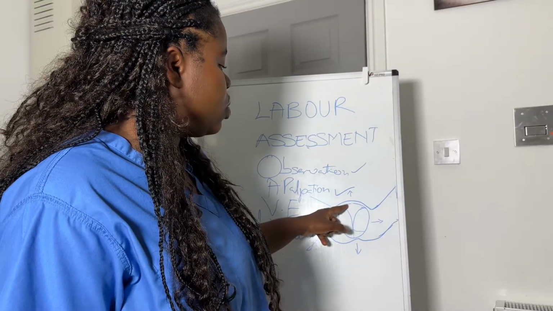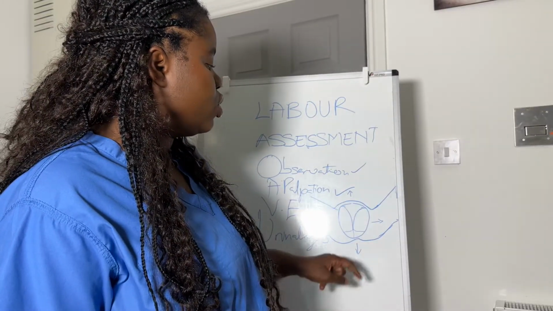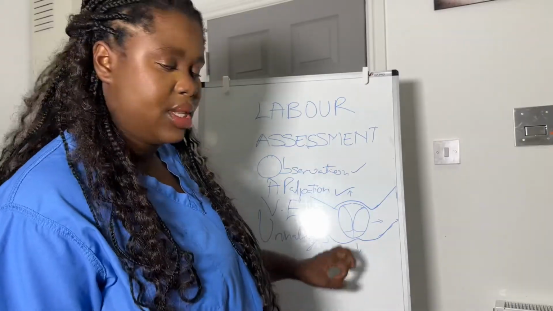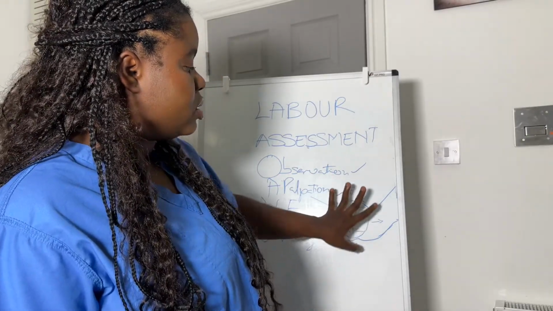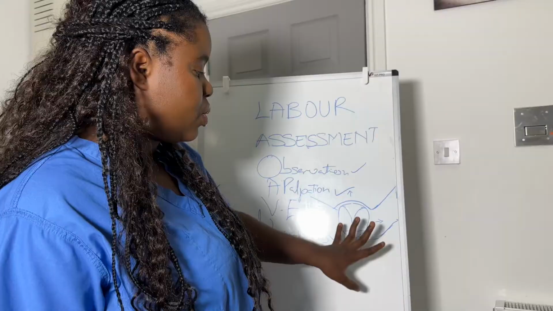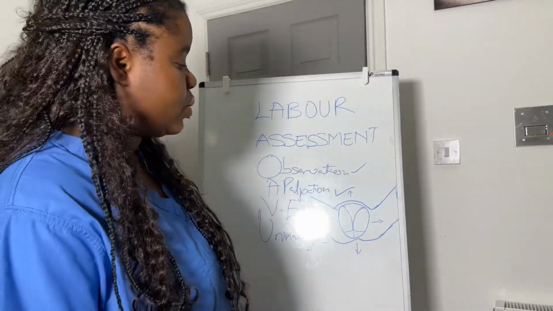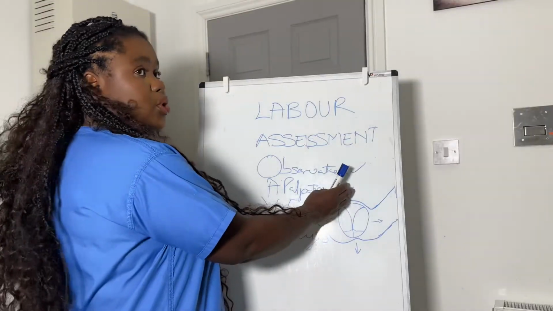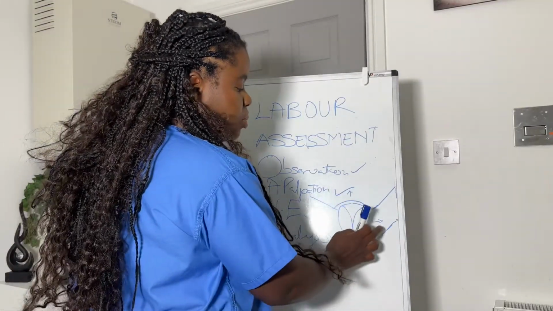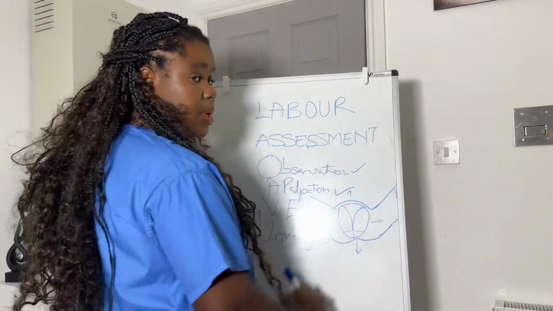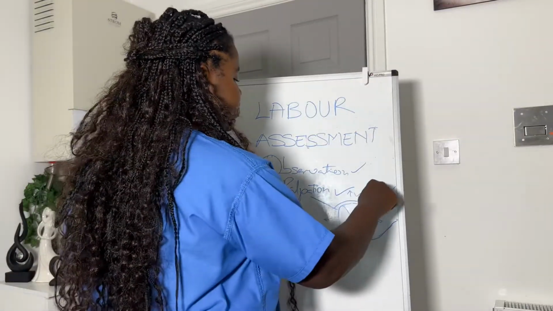So you want to know the fetal head position in the pelvis. Is it occipital anterior, occipital posterior, or occipital transverse? This is the good position. These ones are all malpositions. This is the best one we want.